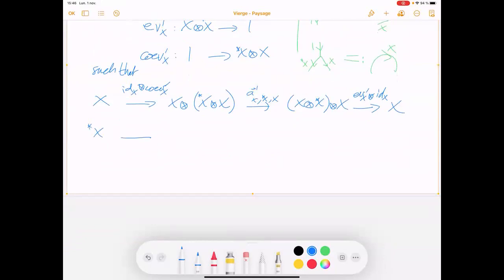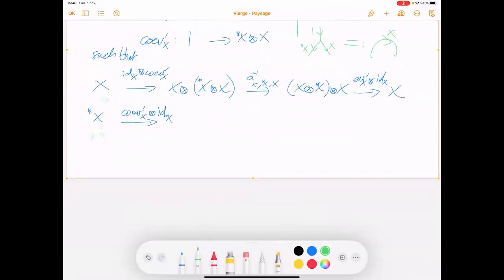So co-f prime x tensor identity of star x. So again, I did not draw it, but you should understand x here as x tensor 1, etc. Here you should understand as 1 tensor star x. Always the same point.